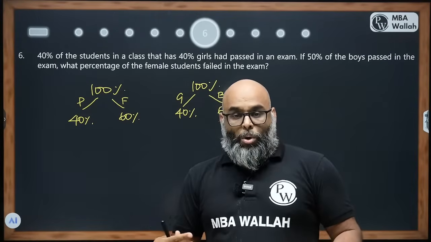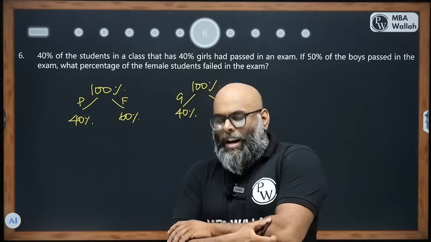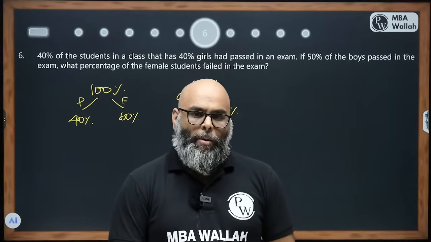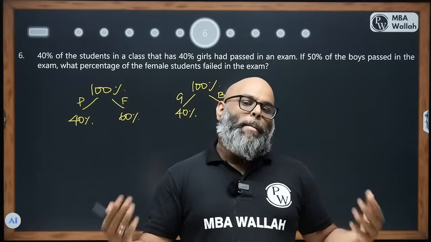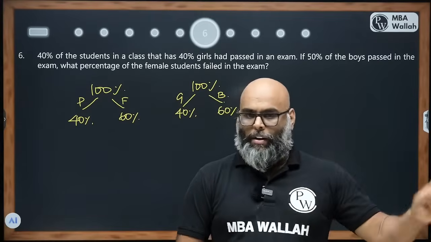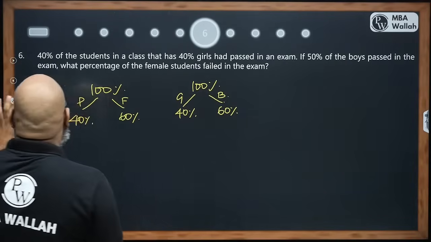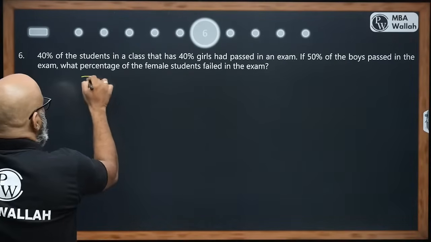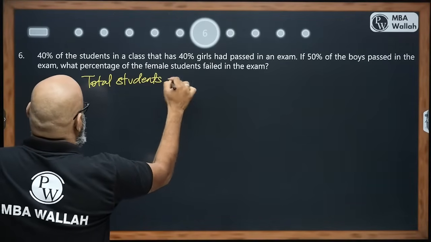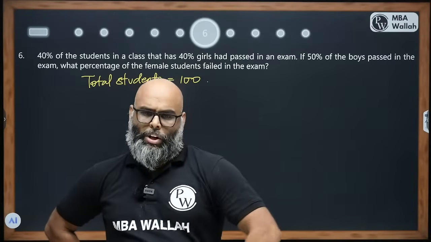Now, we'll do this question without using percentages. Why am I saying that? When an entire question goes around with percentages alone and there are no values attached to it, it will work for any number that we pick. Instead of saying 100% of the class, let's say total students is equal to 100.